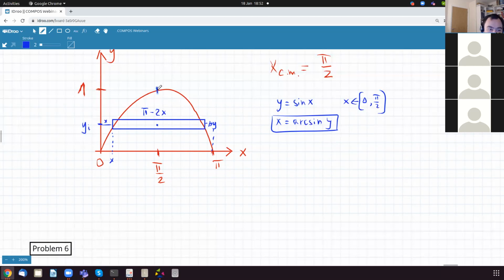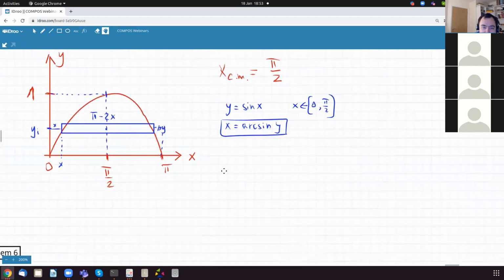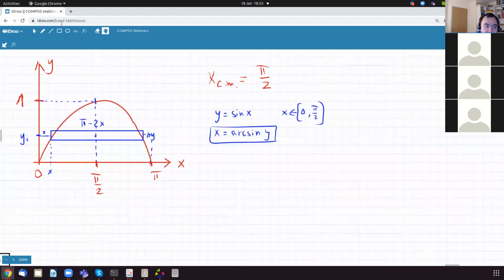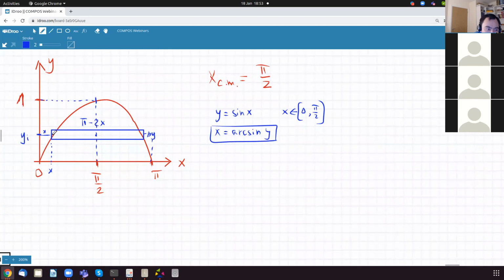So we're only interested in this bit. And we're using symmetry, so we are actually only going from 0 to pi over 2. It won't necessarily be obvious, but hopefully I can convince you. Okay.